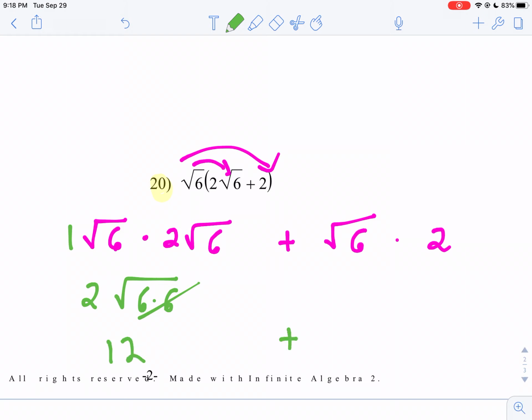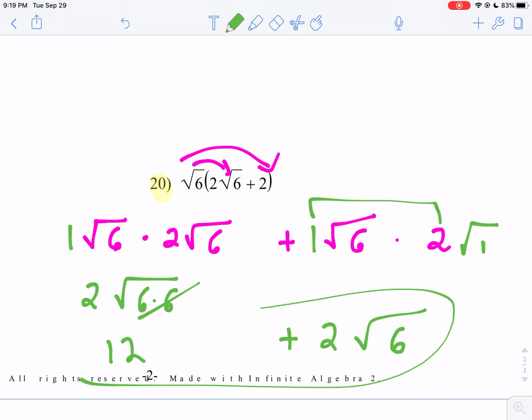Here, the coefficient is 1, so you can say the 2 has a radical 1. You can write it that way if you want to. You multiply the 1 and the 2, because they are outside numbers, and that's a 2, and then radical 6 times radical 1, which is just a 6. So your answer is 12 plus 2 radical 6.